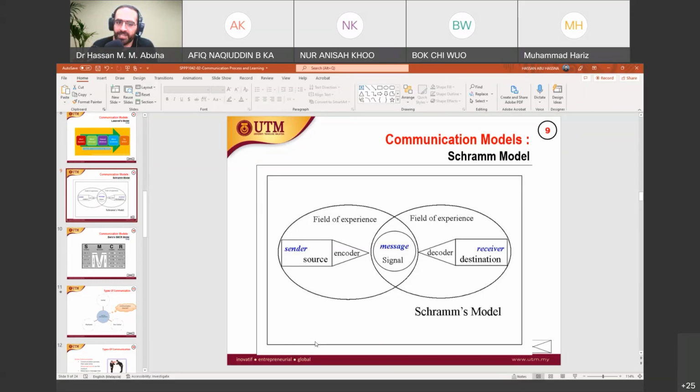For example, the sender, he claimed that he is actually the source of information. And he is not only the source, but he is responsible to explain, to make everything clear, which is to encode the information. Now, these are, let's say, the roles of the sender in this model.